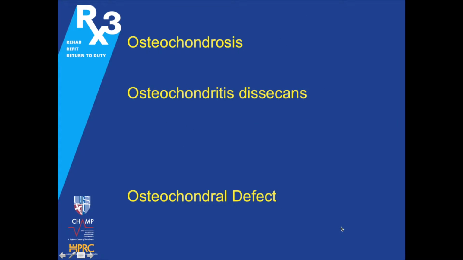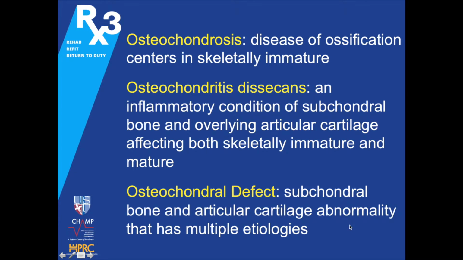I mentioned the term osteochondritis dissecans before, and that can be confused with these three other terms: osteochondrosis, osteochondritis dissecans, and osteochondral defects. And here's the definition of those. Simply put, an osteochondrosis is a disease of the ossification center only in the skeletally immature, so folks who have physes still present.